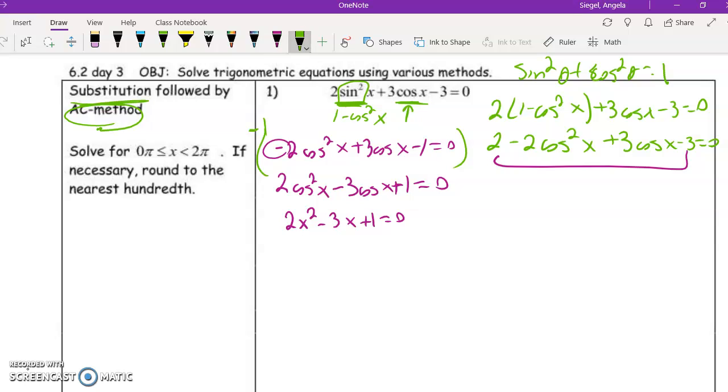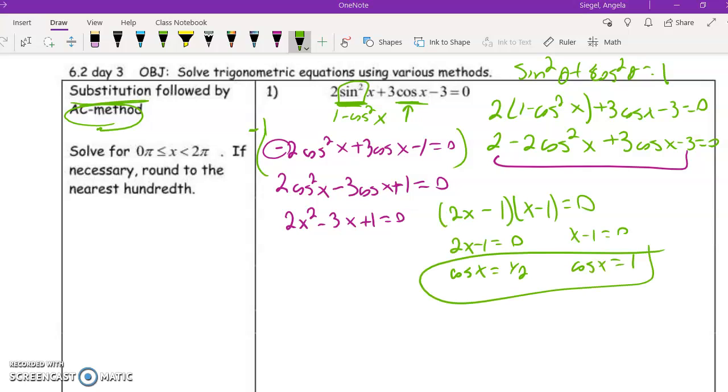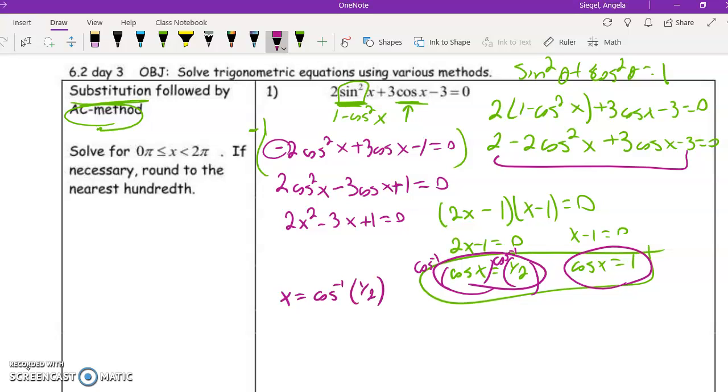So go ahead and I want you to end up with cosine x equals, cosine x equals, and we'll see if we meet up. Okay, so I ended up with the cosine of x equals 1/2 and the cosine of x equals 1. So if I multiply this by the cosine inverse, I end up with x equals cosine inverse of 1/2. So it's jumping out at me that this is on the unit circle.